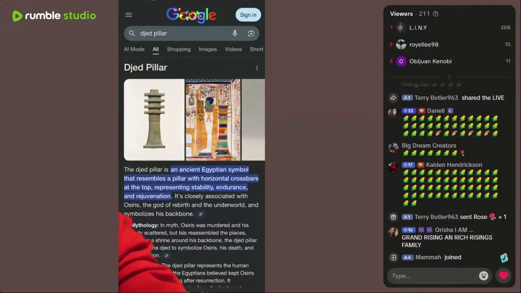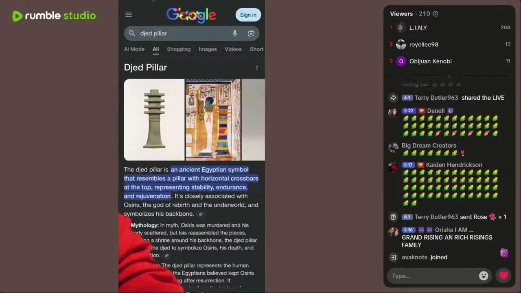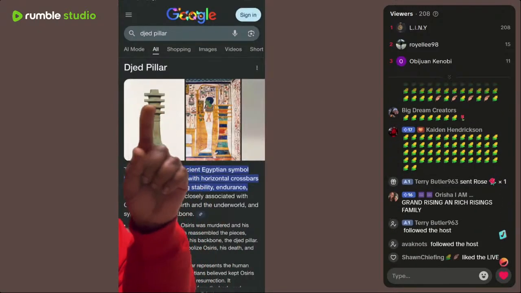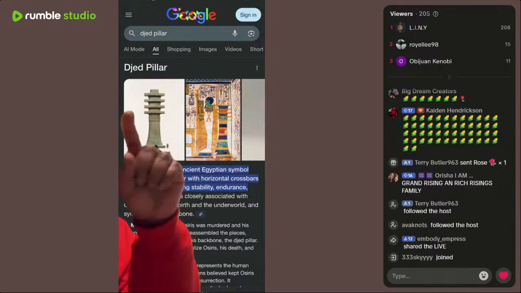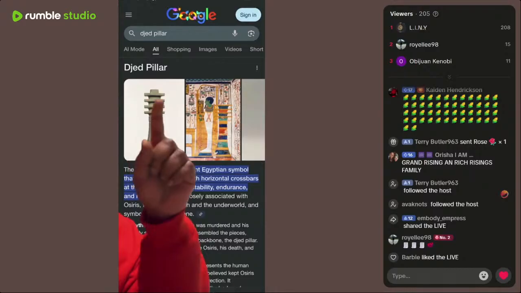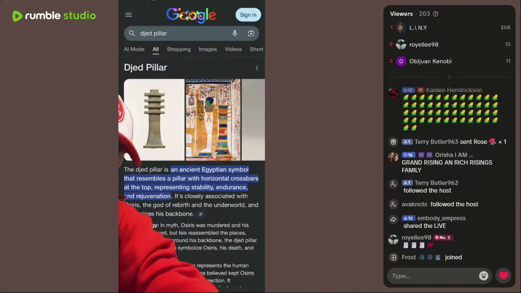Let's go back. The pillars of Samek. Same thing. The Djed pillars. They go to lines. The line started out with the Paleo, then it turns into hieroglyphics, and then the symbolism for this right here.